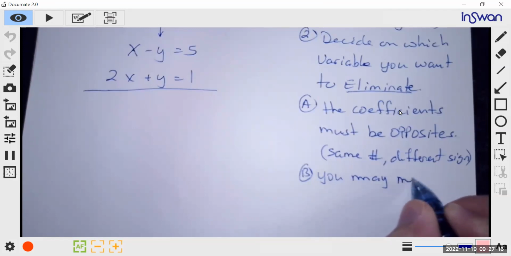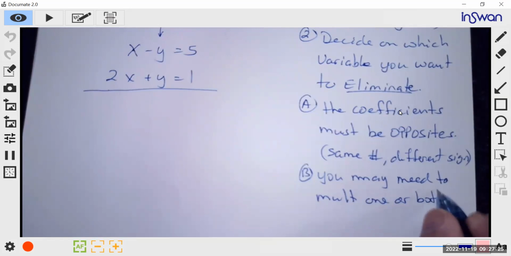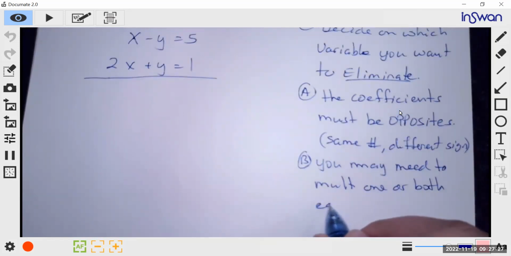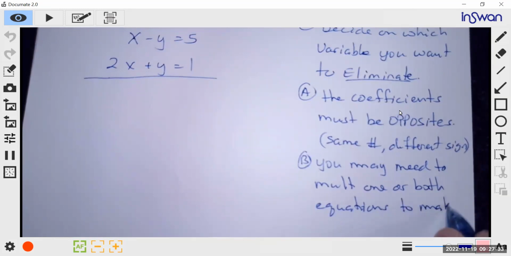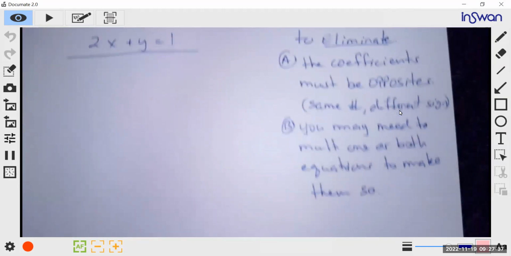At this point, you may need to multiply one or both equations to make them so.